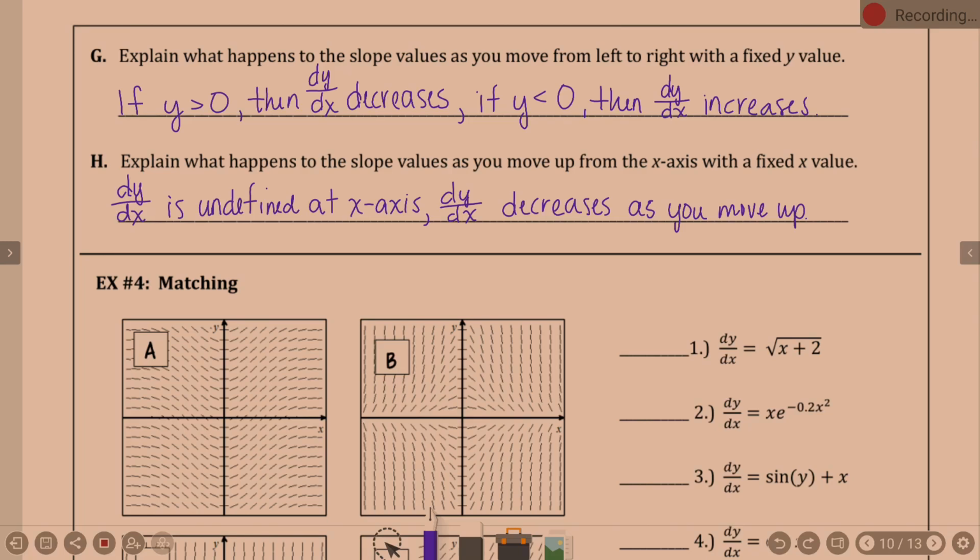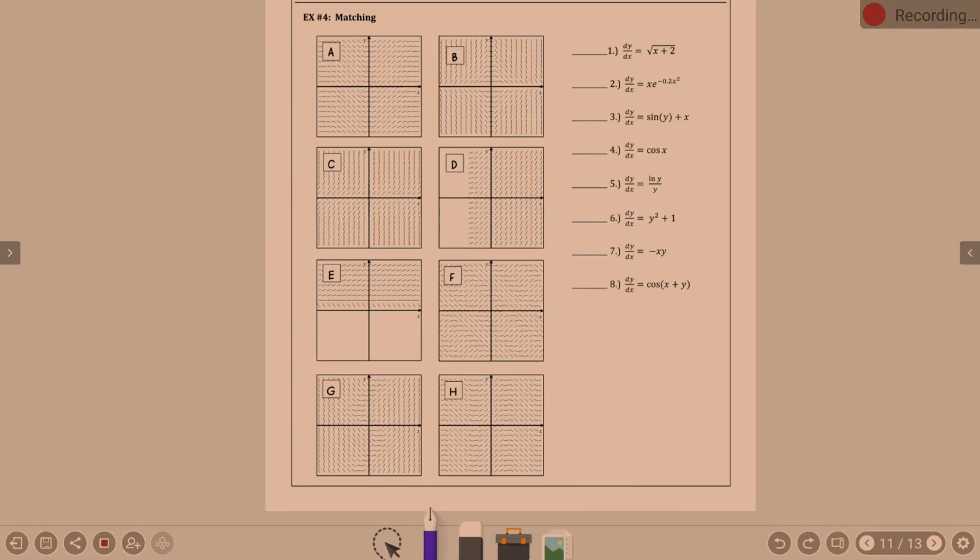How do we feel about matching? Okay. So example 4 is matching. And you've got A through H and 1 through 8 that we've got to try and match up.